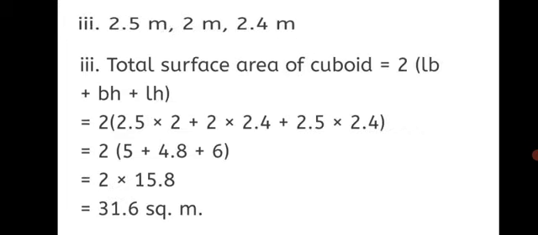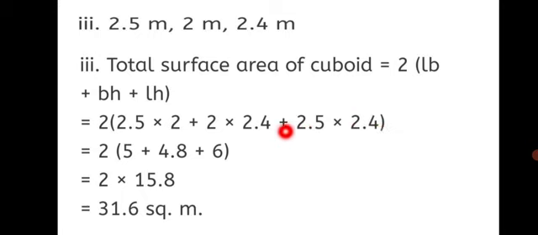Third sum. Length, breadth and height is given. We write the formula. Total surface area of cuboid is equal to 2 times length into breadth plus breadth into height plus length into height is equal to 2 times, substitute the values, 2.5 into 2 plus 2 into 2.4 plus 2.5 into 2.4.